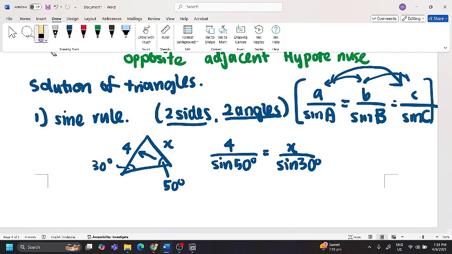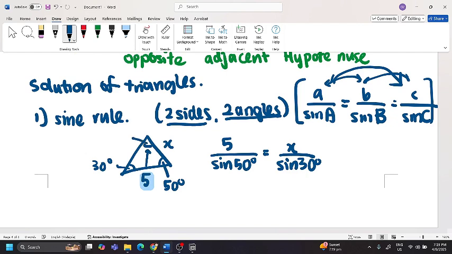If they give you 50 degrees, but the length they give you here is maybe 5, can you just do 5 sine 50 equals x over sine 30? Cannot. If you use 5, this length, you should use the angle opposite of it.